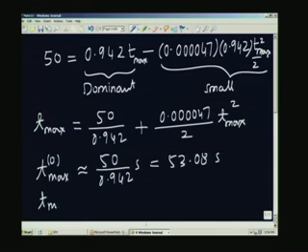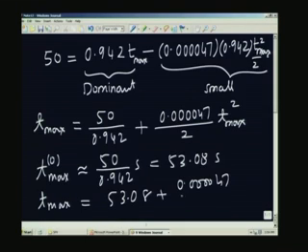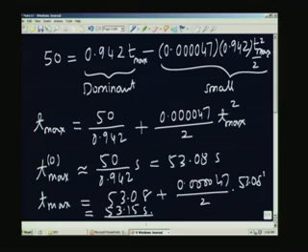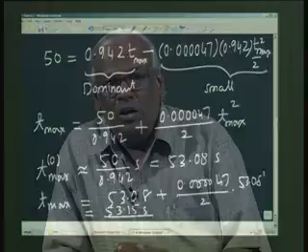So, t max improved will be equal to 53.08 plus 0.00047 divided by 2 into 53.08 whole square, and this turns out to be 53.15 seconds. Because the loss coefficient is very small, the time over which it can be used without exceeding the temperature specified for the slug is about 53 seconds.